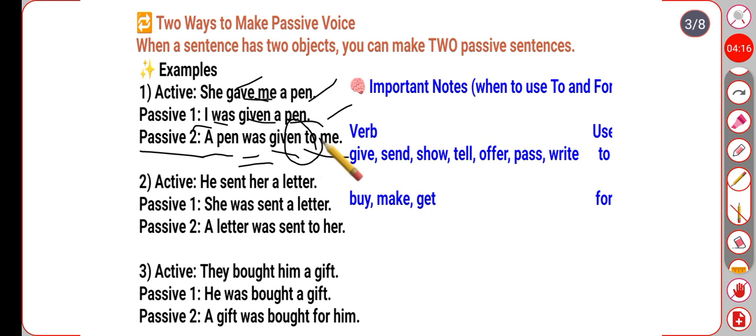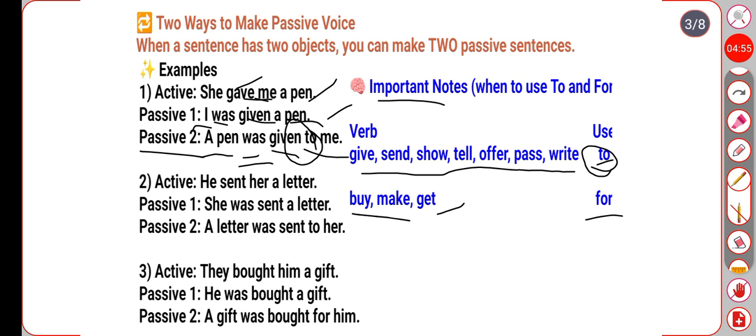Here to came out. In which sentences are we going to use to? And for? I have already mentioned it in these notes here. You see some types of verbs. After writing, you have to use to. For is used with verbs like buy, make, get. With these verbs, you have to write for. As it is give, after give, to is necessary. That's why the fan was given to me, like this.